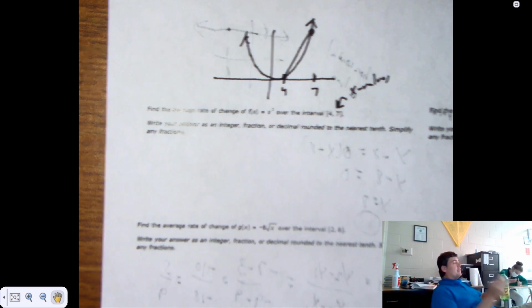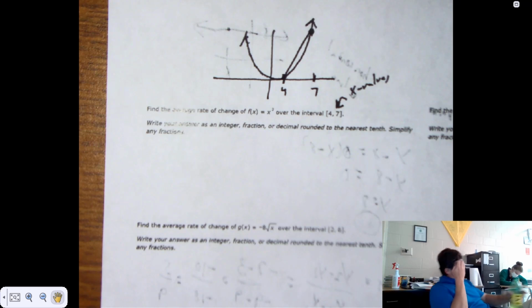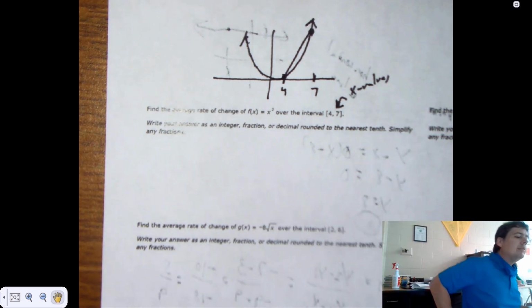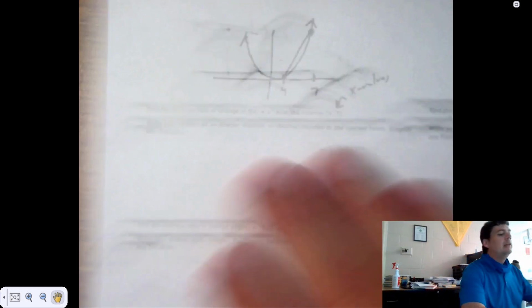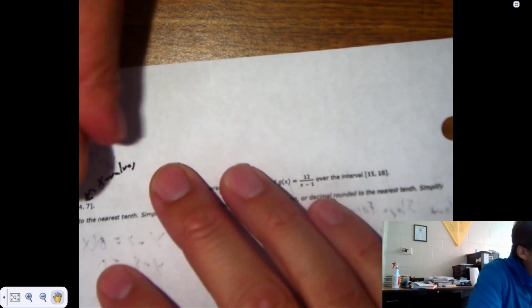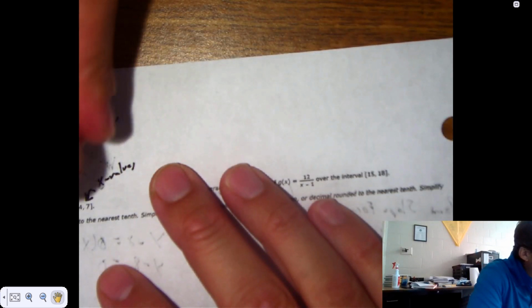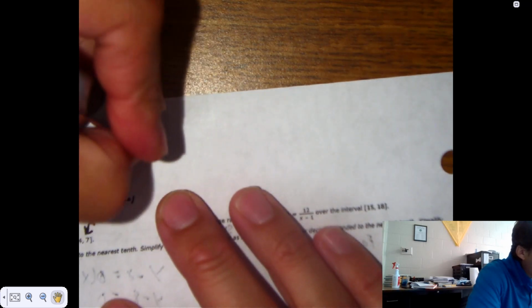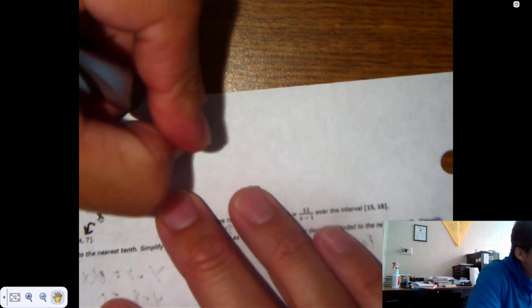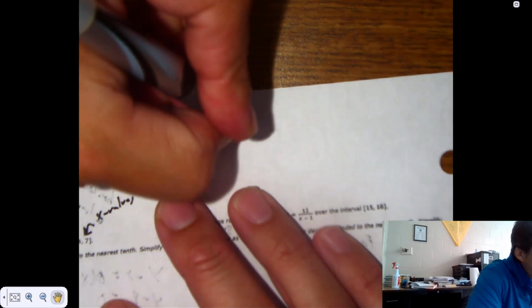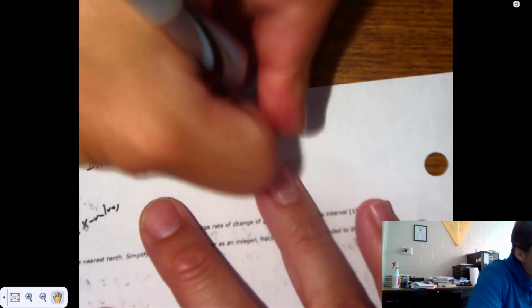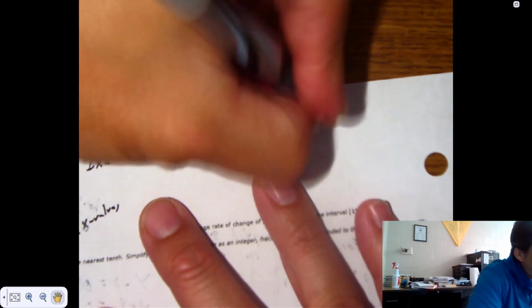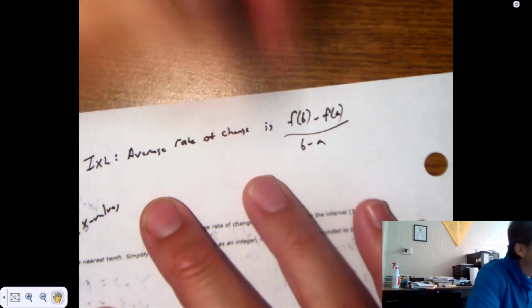Now, I'm almost certain this is how IXL would teach this. You don't have to do it because I think it's confusing to some kids, but IXL, if you miss a question, is going to say that average rate of change is f of b minus f of a over b minus a.